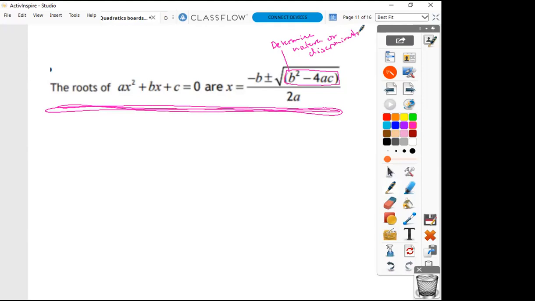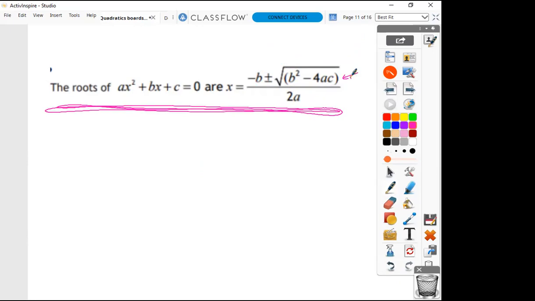Okay, now once we determine that it's got roots, our first process in any of these questions is determining whether it has roots. So anything when this value b squared minus 4ac is greater than 0, we can use this equation for any factorization. 9 times out of 10, this will be in the calculator paper.